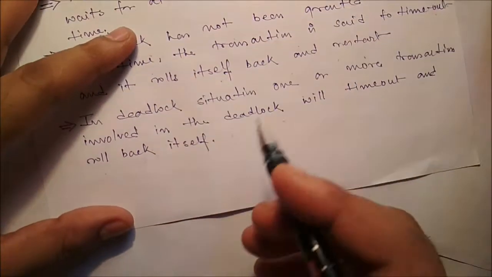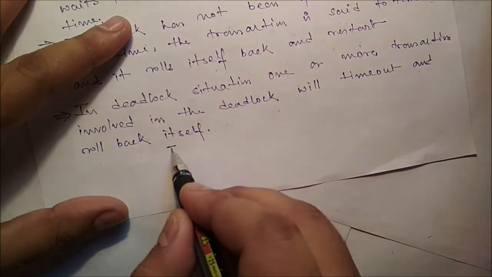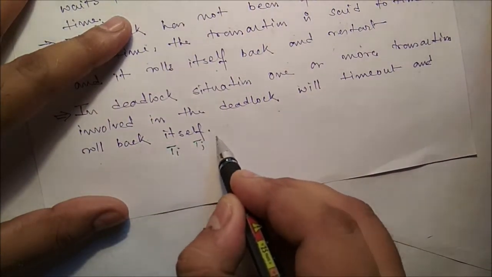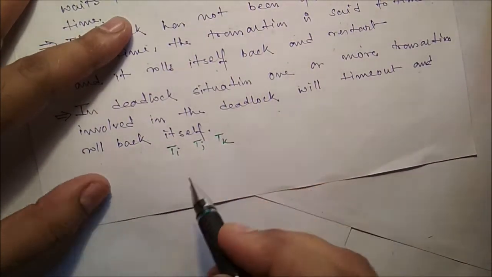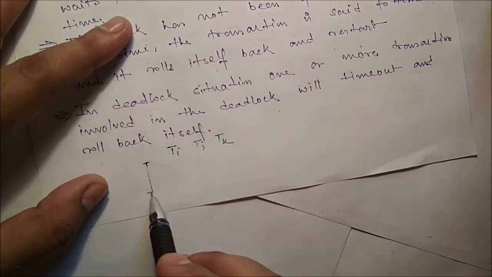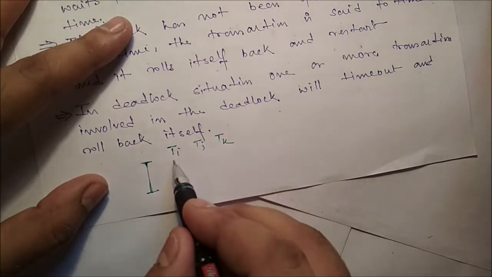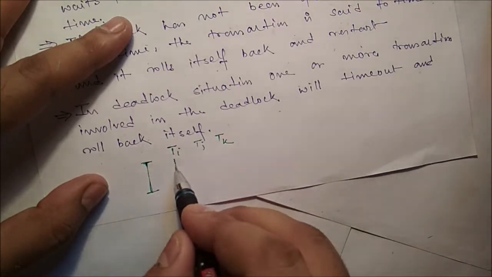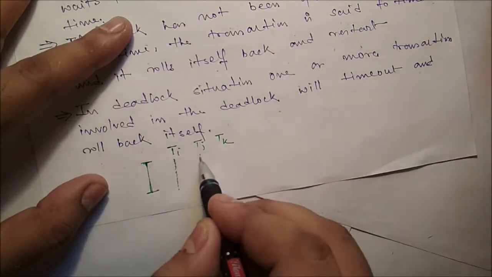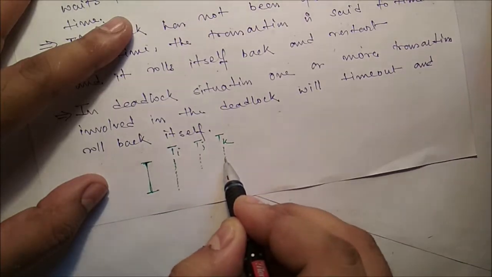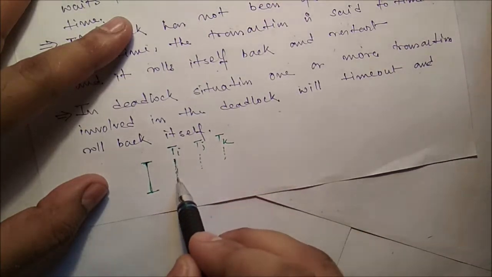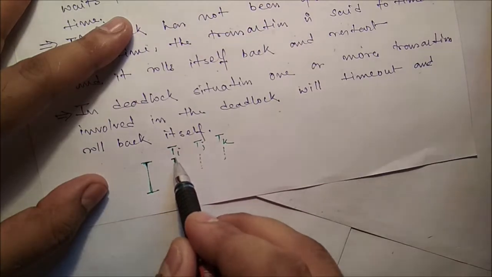Now you can see, say three transactions are there, Ti, Tj and Tk. The total window is the timeout window, this duration. Now Ti is waiting, Tj is waiting and Tk is also waiting. Now this particular Ti reaches its duration.